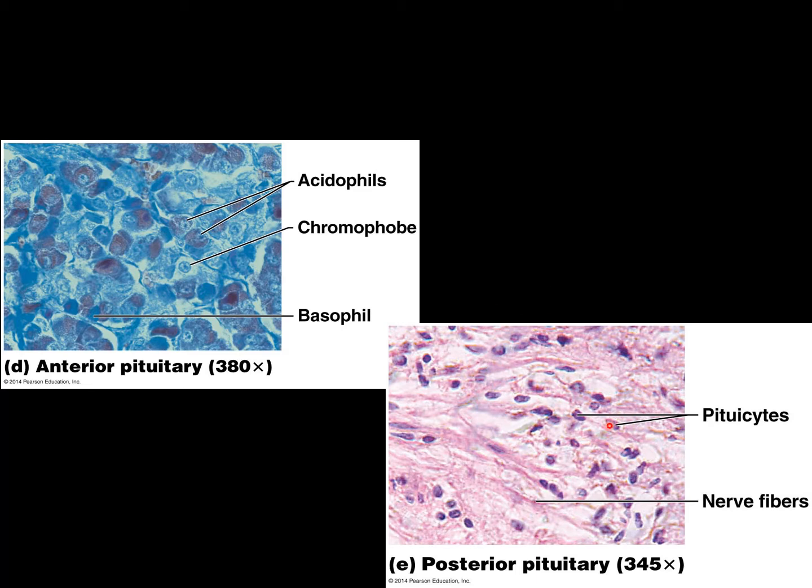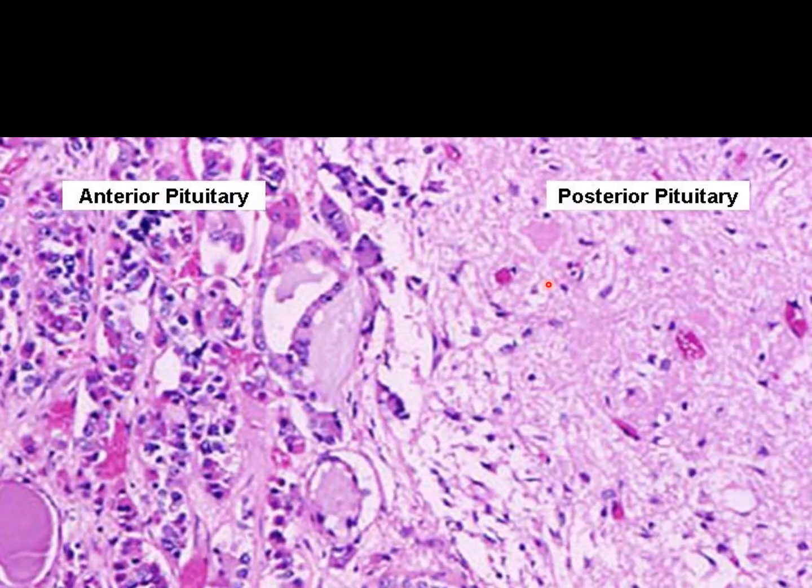If we examine the posterior pituitary, we see that we have cell types called pituicytes, and we have lots of nerve fibers running through the posterior pituitary. This photomicrograph also shows us a distinct difference between the anterior and posterior pituitary.